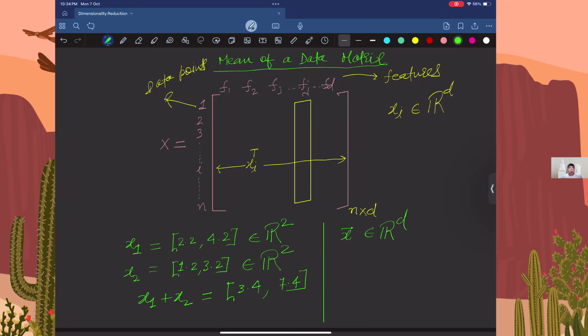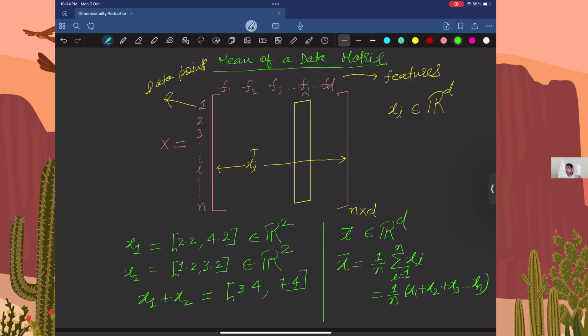And we know that x bar is equal to 1 by n summation of xi, where i is equal to 1 till n. We can also write this as 1 by n times (x1 plus x2 plus x3, and so on, plus xn).